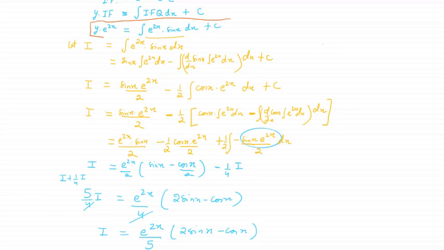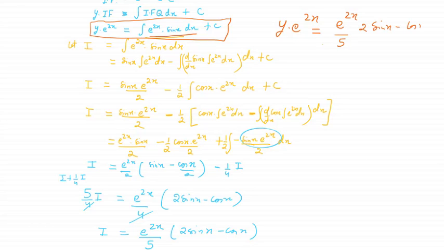So here we can put the value back. So here you can write y into e to the power 2x equals to integration of this whole thing we have already calculated. So it is e to the power 2x divided by 5, then twice of sin x minus cos x plus c. So that will be the answer, and you can simplify it a little bit more.